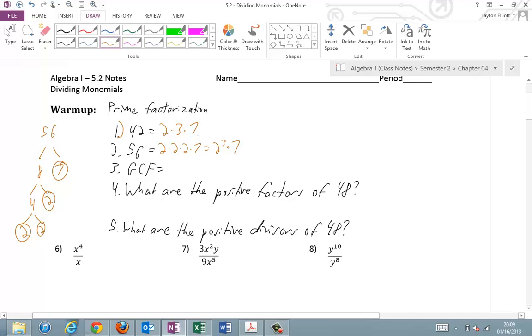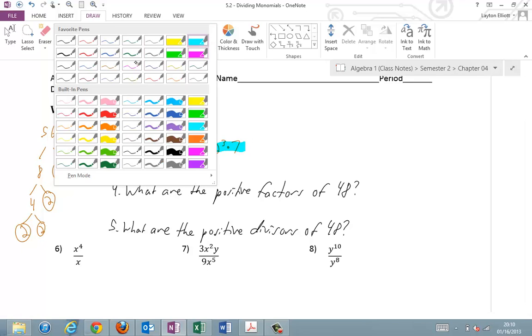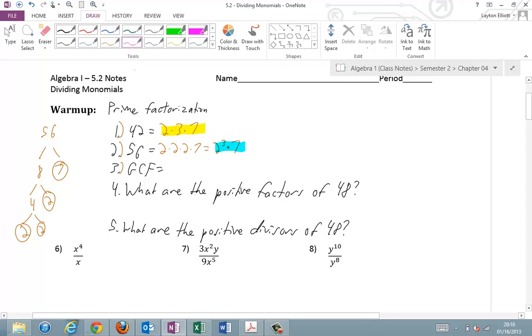So we have a prime factorization for 42, we have one for 56. Number 3 is asking what is the greatest common factor between 42 and 56, the largest number that could divide each of them. Well, if I look at the prime factorizations of each of these, 2 times 3 times 7 and 2 cubed times 7, what do they have in common?